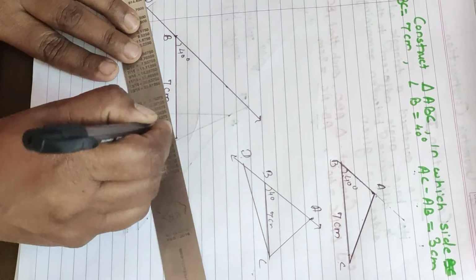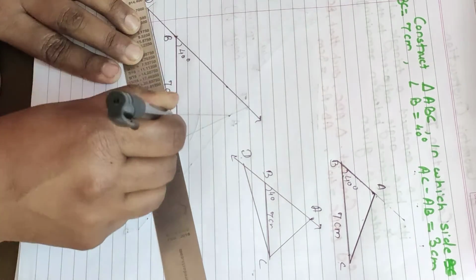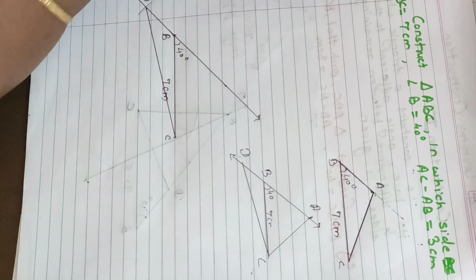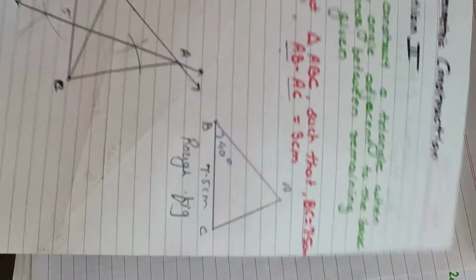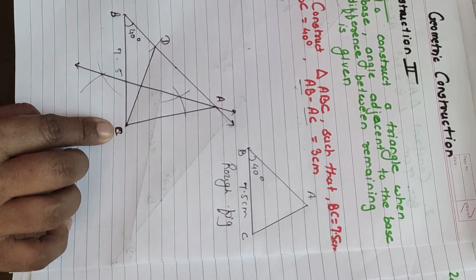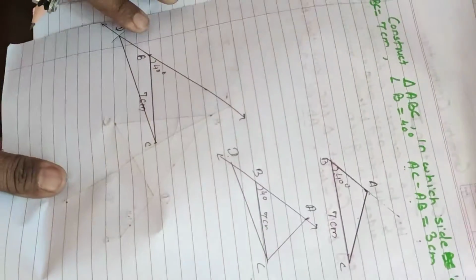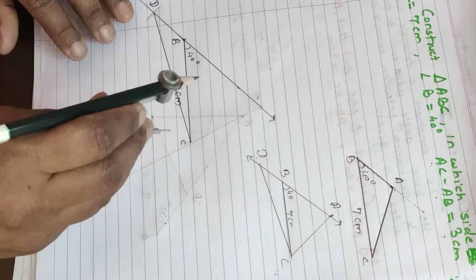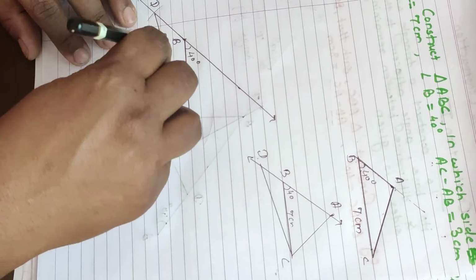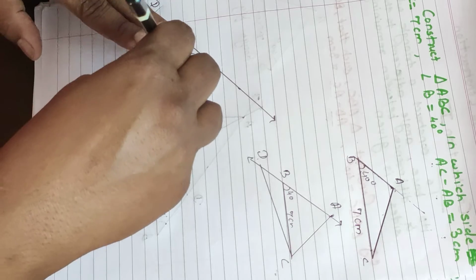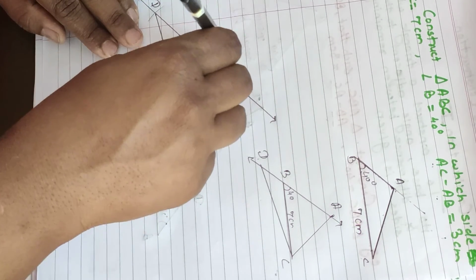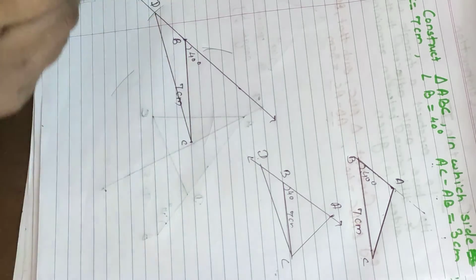Follow the same steps of construction. For DC, we have to draw the perpendicular bisector. For that, take more than half the distance in your compass. Draw one arc above the line and one below the line.